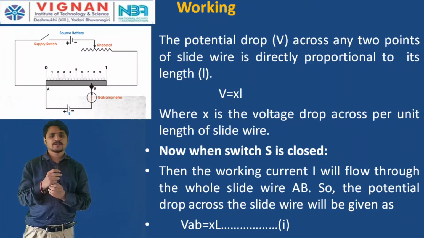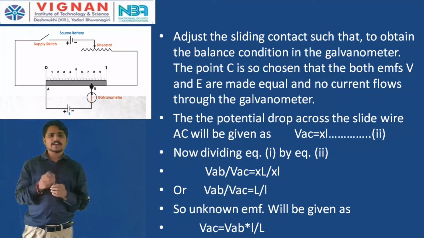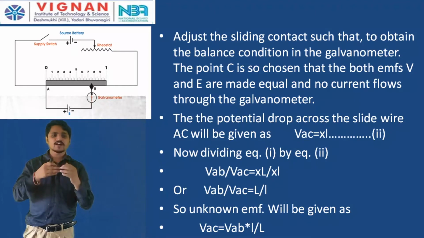For the start, the voltage drop throughout the slide wire is V equal to VAB equal to x into L, where capital L is the total length of the slide wire. Now when you obtain the balanced condition at the point C, the voltage drop is VAC equal to x into small l, where x is the voltage drop per unit length and small l is the length of the slide wire where we obtain the null deflection.